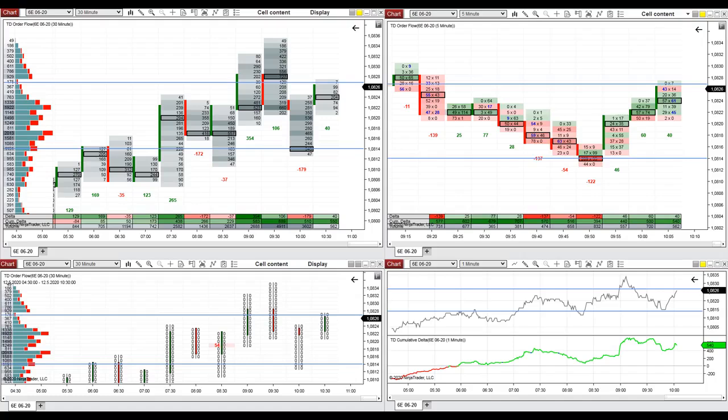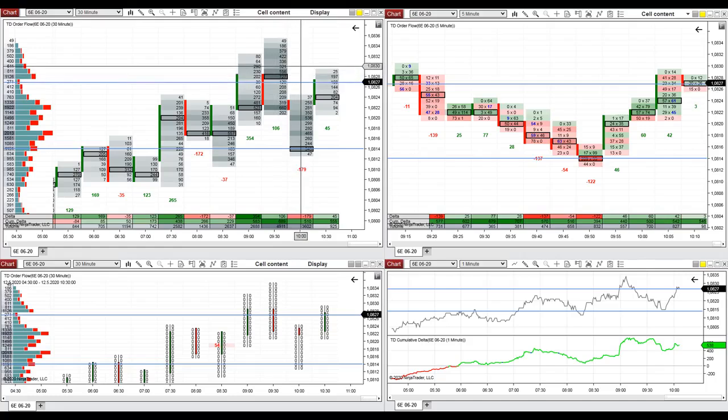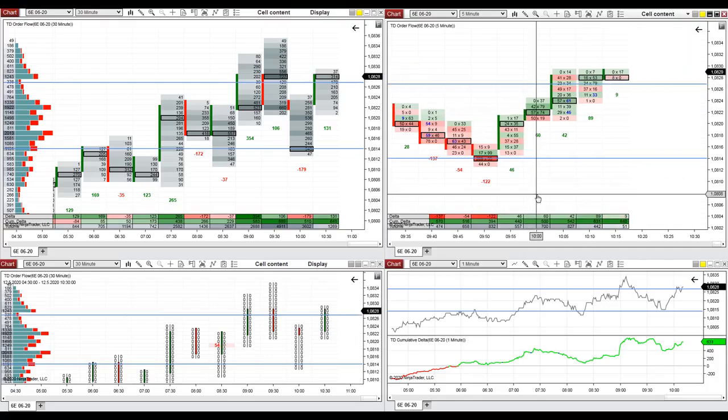Alright, so that's for this trade. We can let it develop for a few more moments to see if the price will react to those volumes. I'll just play it faster. Let's see what happens.